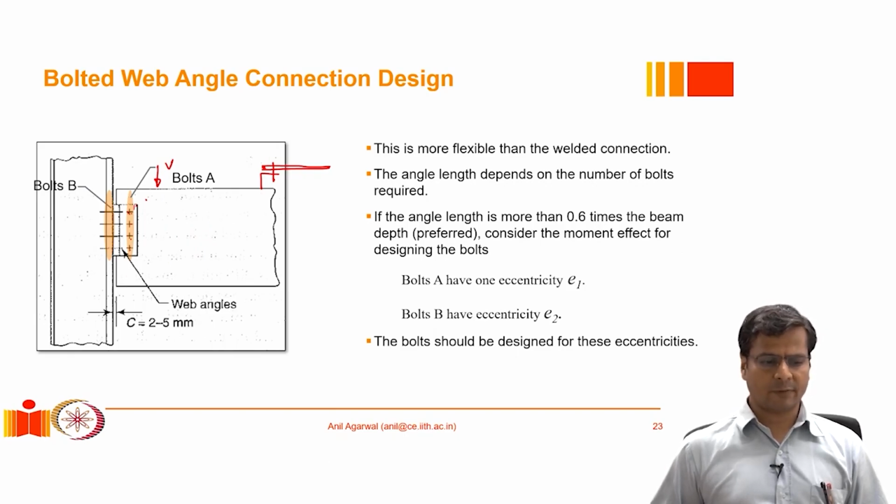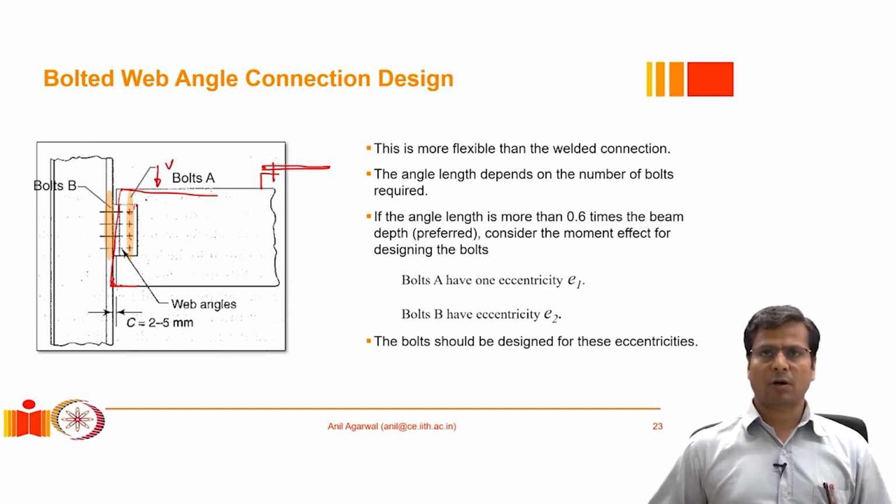Typically, when we provide this kind of a connection, we leave some distance between the beam and the column. The reason for leaving this distance is so that it allows for a rotation of the beam without it coming into contact with the column. Because if it comes into contact, let's say the beam starts to rotate because of the applied loads, then the top flange of the beam, bottom flange of the beam would come into contact immediately if there was no gap.